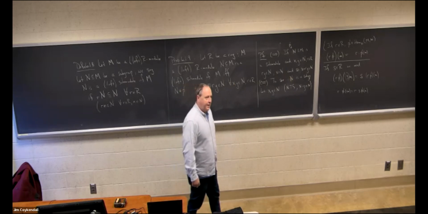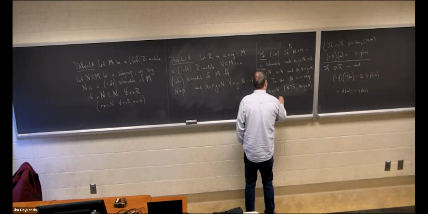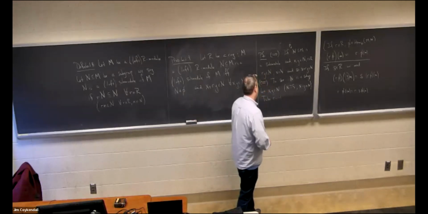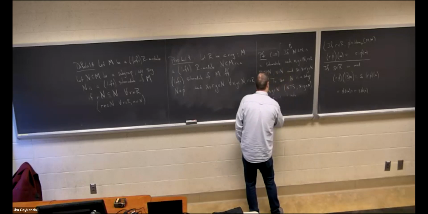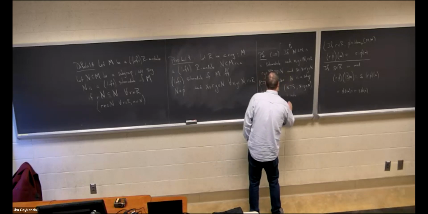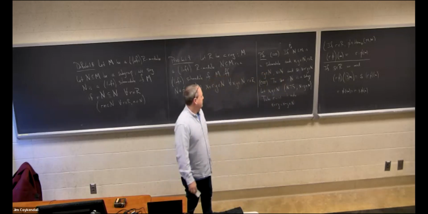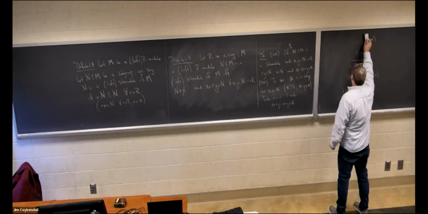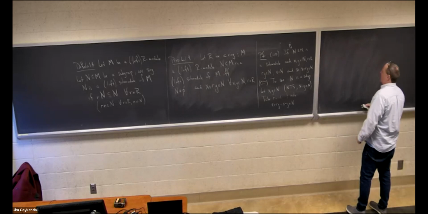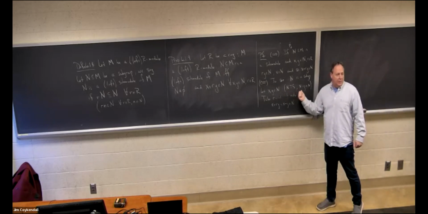Everybody agree? In this case, note that we can take r to equal -1, right? And so what we have proved is if you have any two elements x and y in N, then x minus y is still in N, and that means it's a subgroup, right?